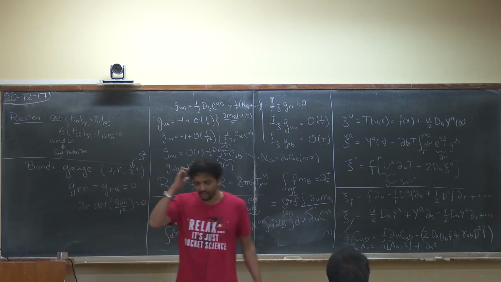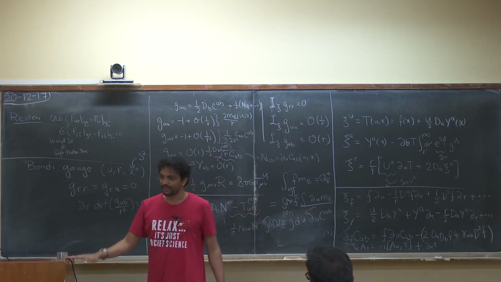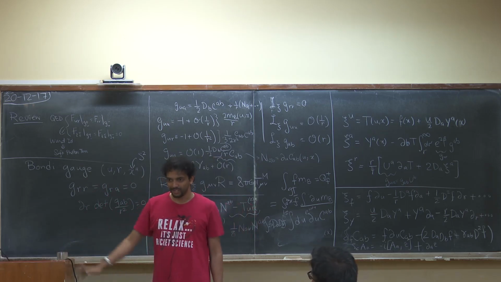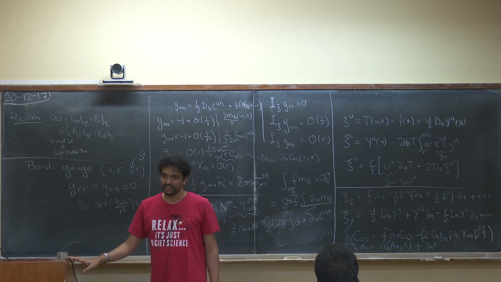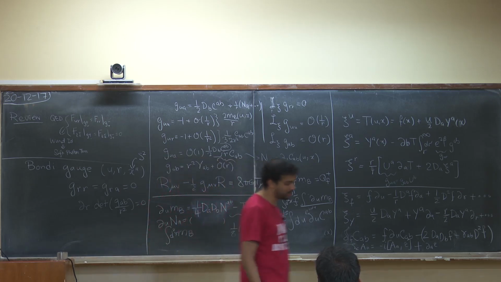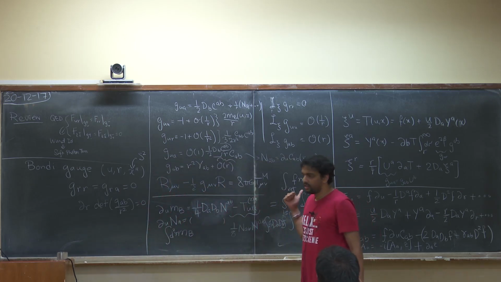But this is actually not fully understood, because the subleading soft graviton theorem is a dimension independent statement. So clearly there must be some sort of superrotations, which must mean that maybe we have to relax the choice of boundary conditions. There have been works on this where people have shown that there's a way to relax these boundary conditions such that instead of getting CKVs, you get any diffeomorphism.